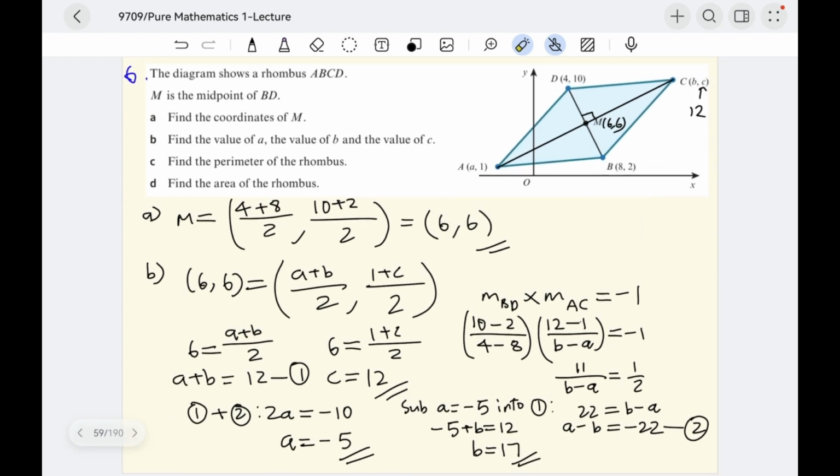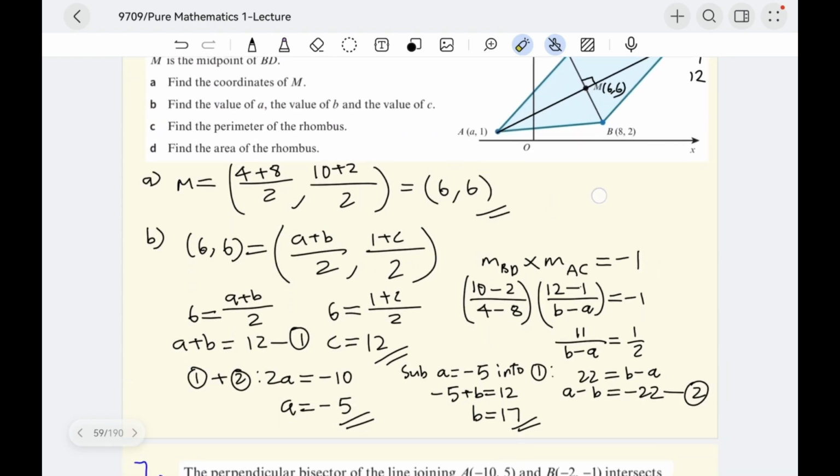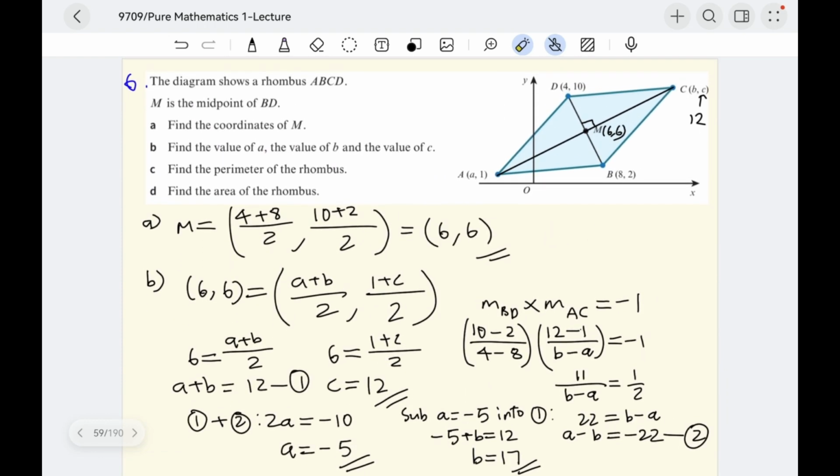Okay, so 4 is the x coordinate of D, as well as b is the x coordinate of C, so that means b must be greater than 4. And for c, it is slightly greater than 10. Okay, this is the only prompt that I need to tell you before performing your workings for this kind of question.